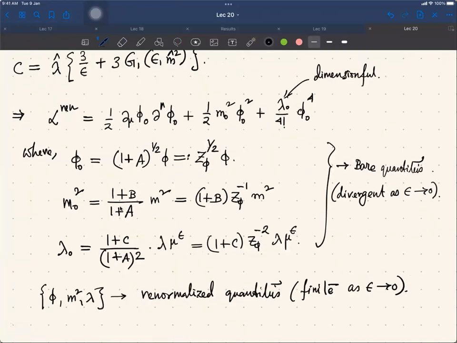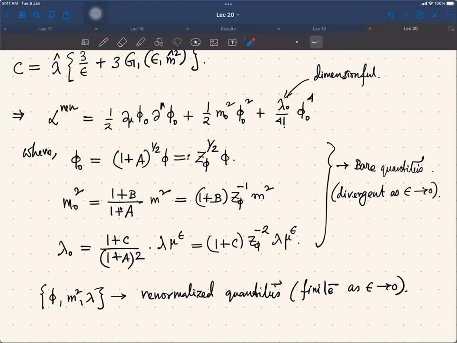In this Lagrangian, we can interpret this as having no mu dependence. Lambda 0 is, of course, dimensionful, but there is no explicit mu dependence in this. So we consider phi 0, the bare quantities, to be independent of mu, but renormalized quantities to be dependent on mu. This is how we are going to interpret this mathematical structure.